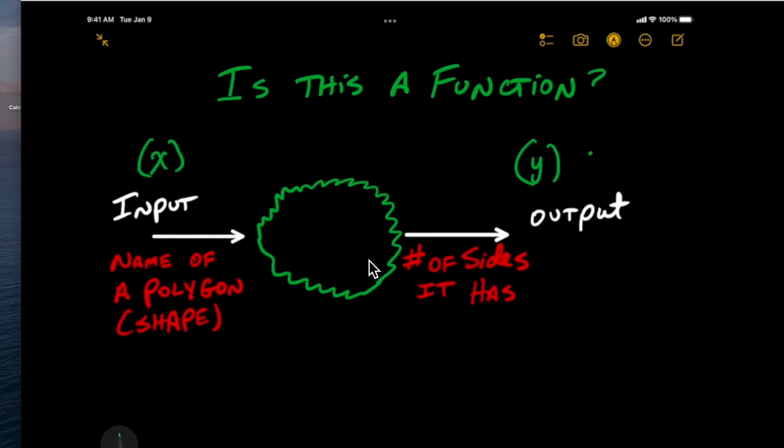Anything could be a function. A function could be an equation, or it could be a phrase, such as this one. This is a function that takes the name of a polygon or a shape and outputs the number of sides that it has. So if the input was triangle, the output would be that it has 3 sides.